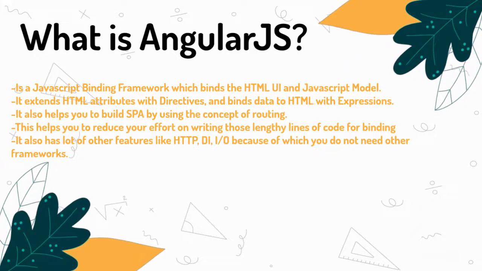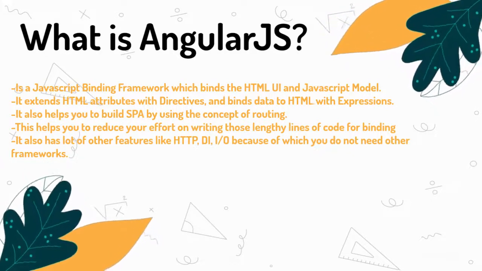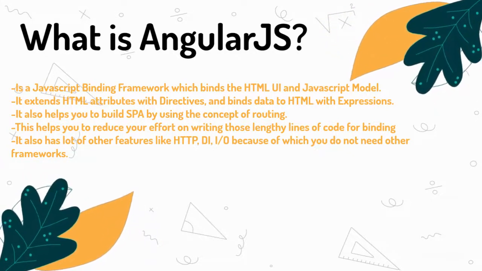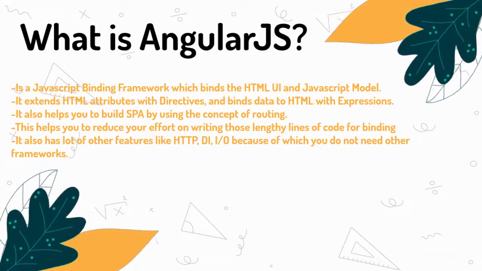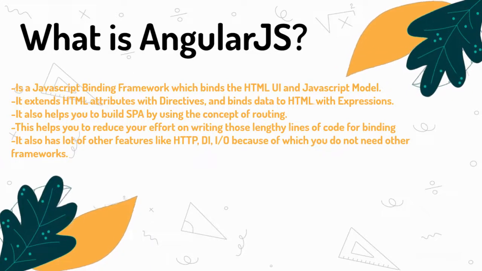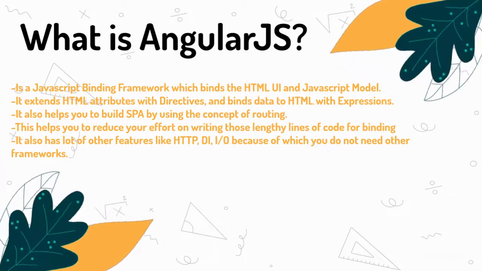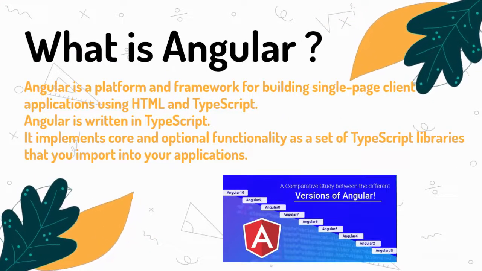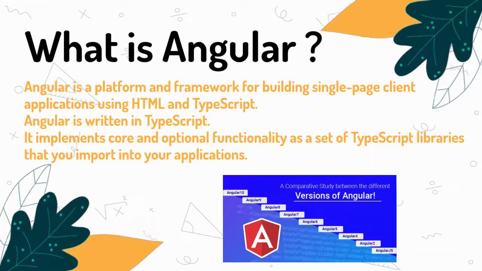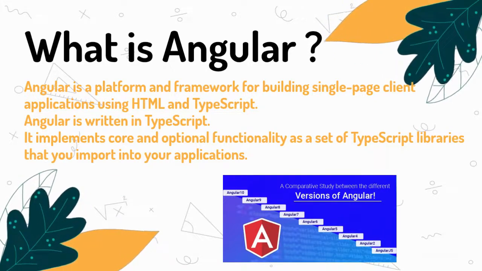Many people may get confused about what AngularJS and Angular are. Most things are similar in Angular and AngularJS. The old version of Angular we call AngularJS, whereas the new version of this JavaScript framework we call Angular. AngularJS is a JavaScript type.